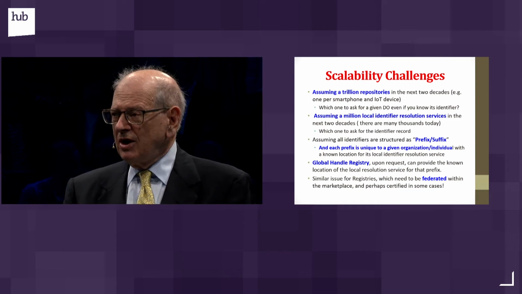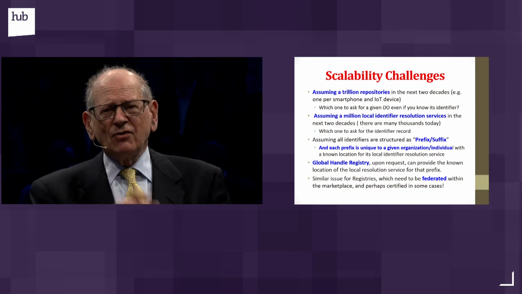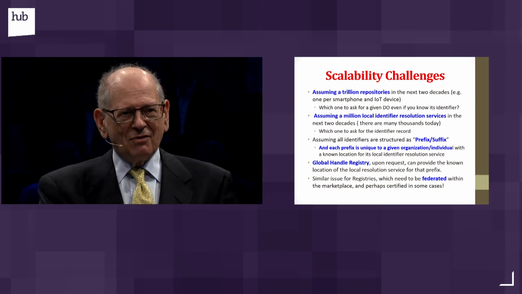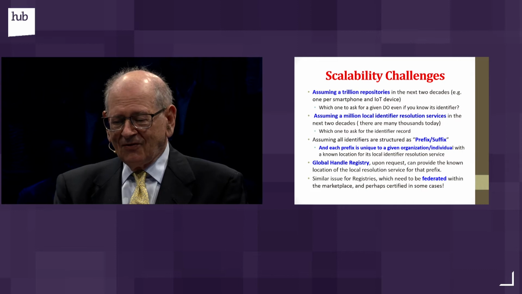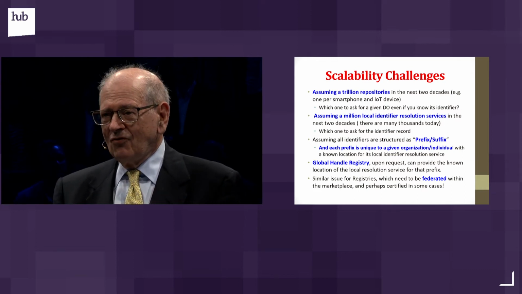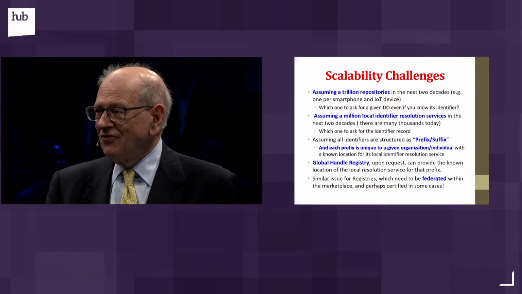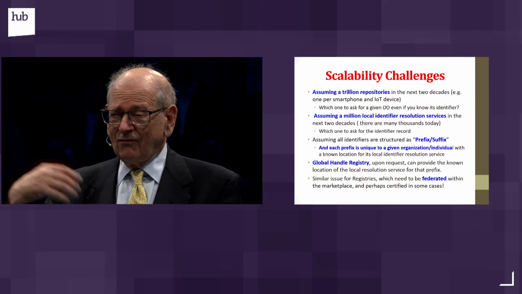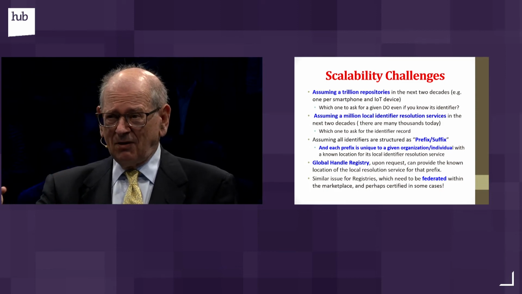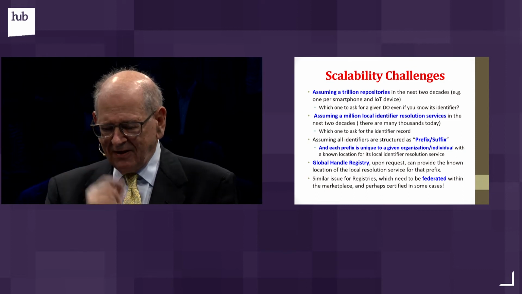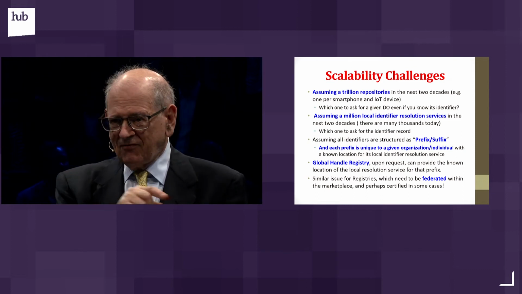But we found in the early days that virtually every organization wanted to create their own identifiers and wanted to manage their own records. Well, given that that's the case, how many of those local resolution services would there be? Today, we have open source software that people download, and they come back and they get this number from us that they can put into their identifiers, so you know it's coming from that organization.